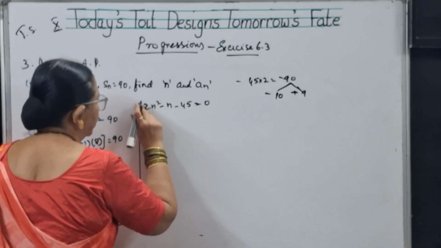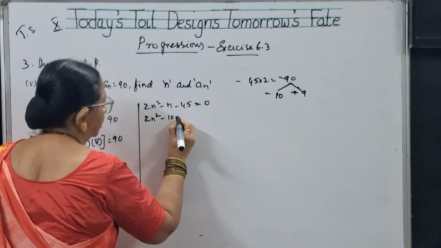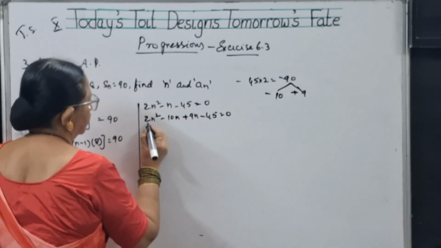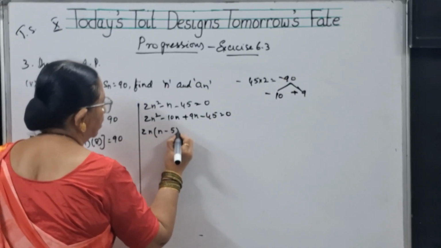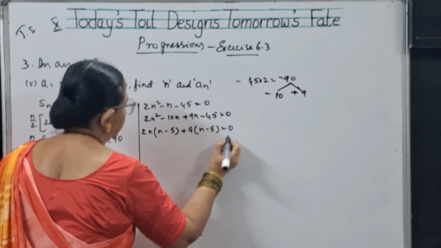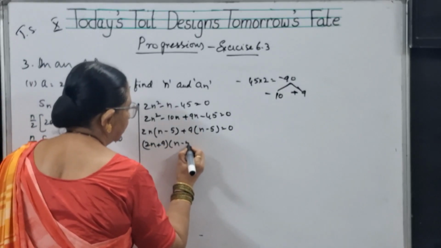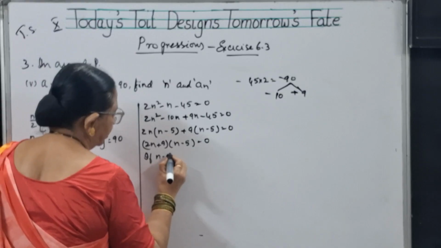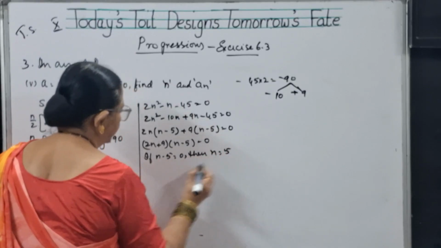What am I getting here? 2n square minus 10n plus 9n minus 45 is equal to 0. In these two, 2n is common, so n minus 5 I have got, plus 9 into n minus 5 is equal to 0. So 2n plus 9 into n minus 5 is equal to 0. If n minus 5 is equal to 0, then n is equal to 5.